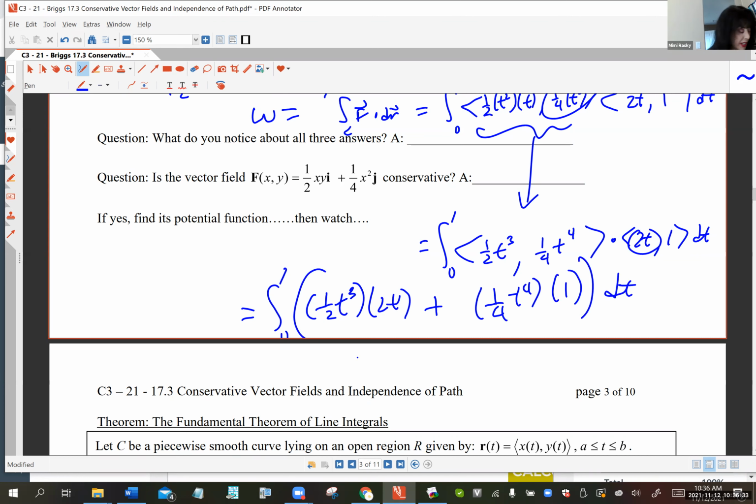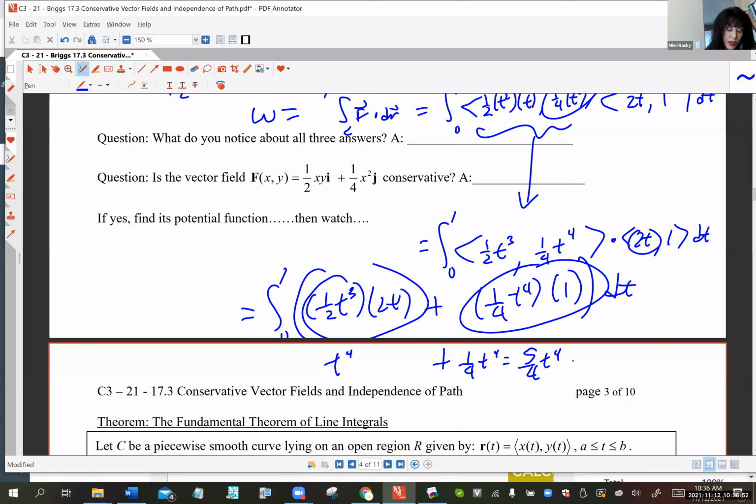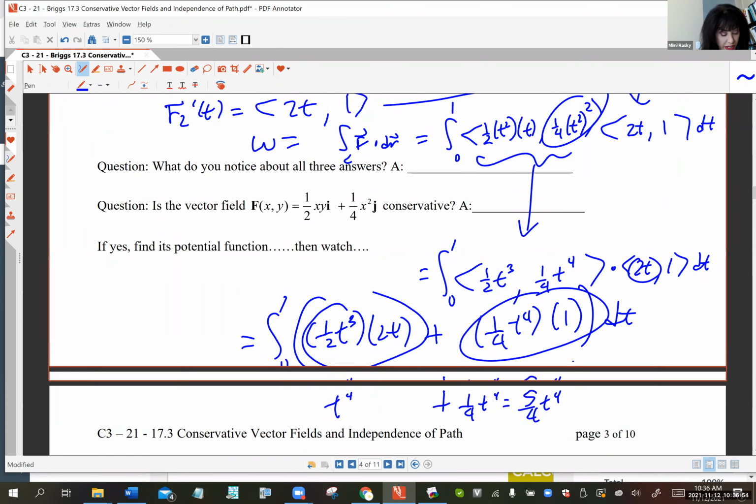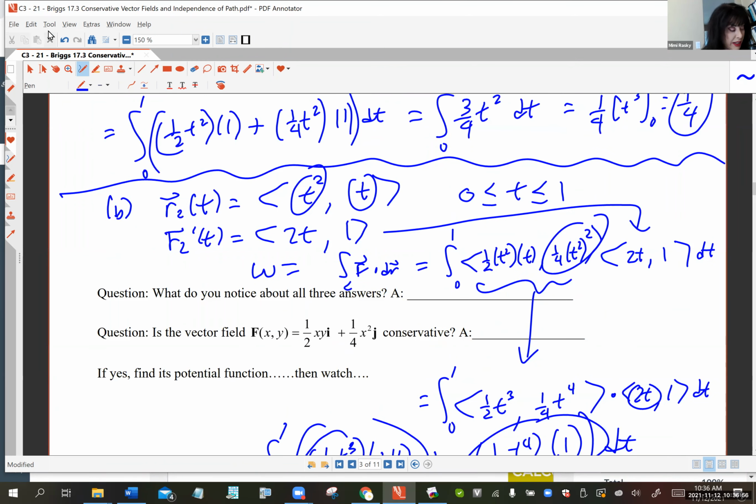It turns out that you're going to get a couple of t to the 4th terms. When you multiply 1/2 t cubed times 2t, that's just going to be t to the 4th. So if you add that to 1/4 t to the 4th, that's going to give you 5/4 t to the 4th. So you're really just integrating 5/4 t to the 4th, which is pretty easy.